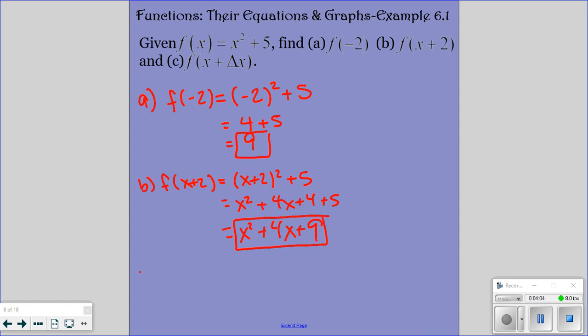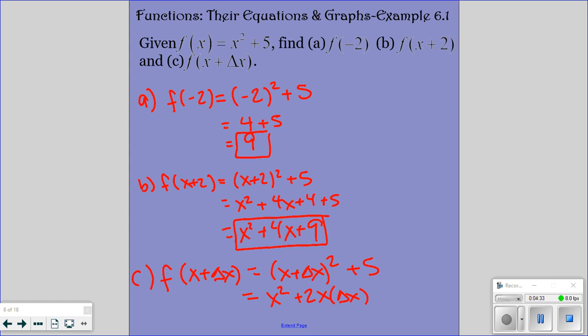For part C, again, everywhere you have an x, we're now going to replace it with x plus delta x. So instead of it being x squared, it's going to be x plus delta x squared, and then plus 5. So you distribute, just like on the last one, you get x squared plus 2x, and then delta x is a separate variable from x.